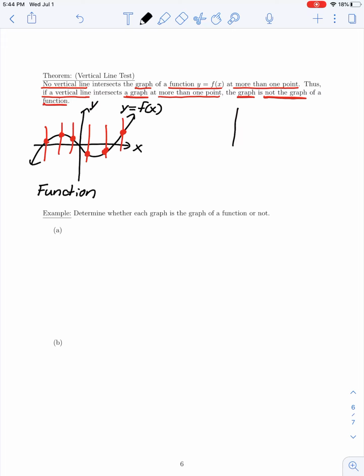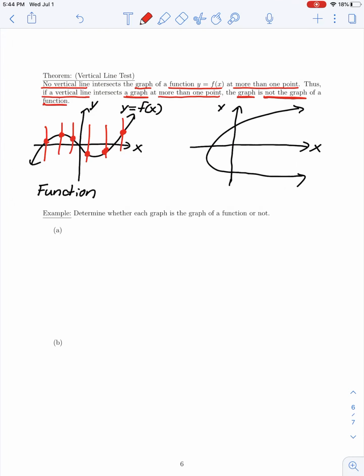However, let's say that we had something like the following, maybe something that looks like this as our graph, or as our curve.